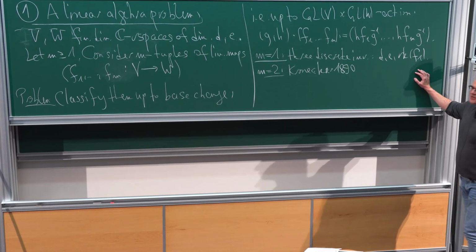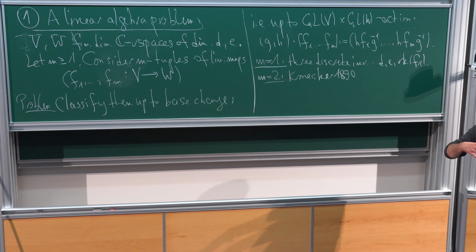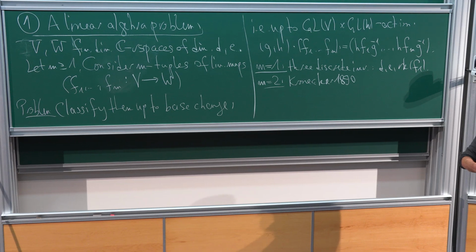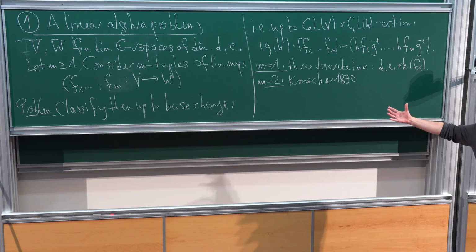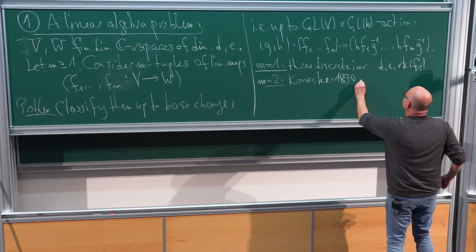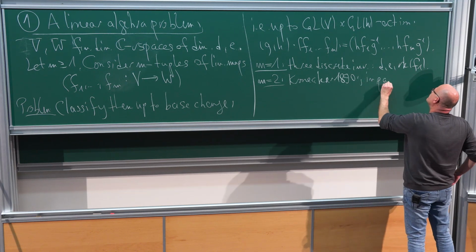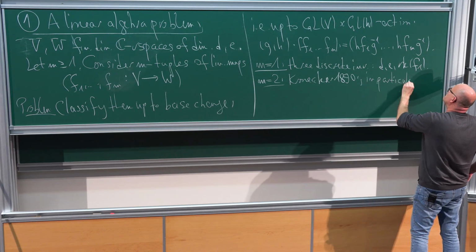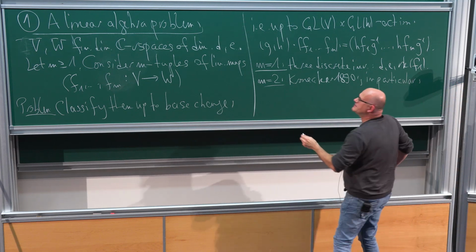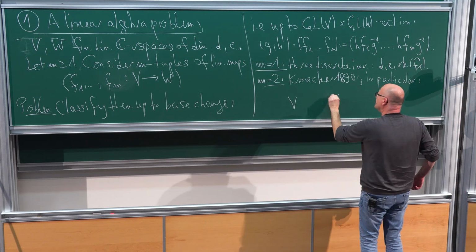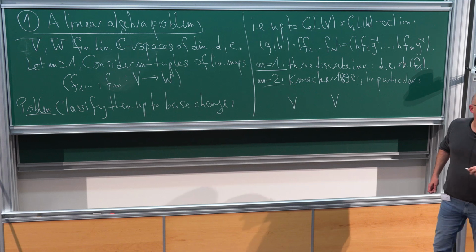And let me at least convince you that the problem of conjugation of a square matrix is somehow part of this classification problem. So in particular, we can look at the situation where V and W are the same vector space.